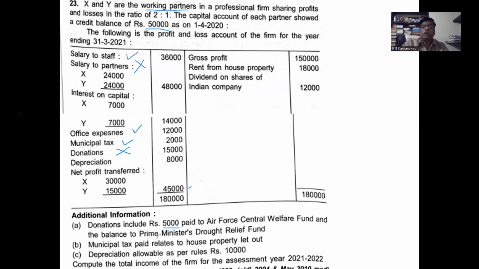Then the balance is for the Prime Minister Drought Relief Fund. The total donation is 15,000. Out of 15,000, 5,000 is for the Air Force Central Fund, and the balance, 15,000 minus 5,000, that is 10,000, is for the Prime Minister Drought Relief Fund.